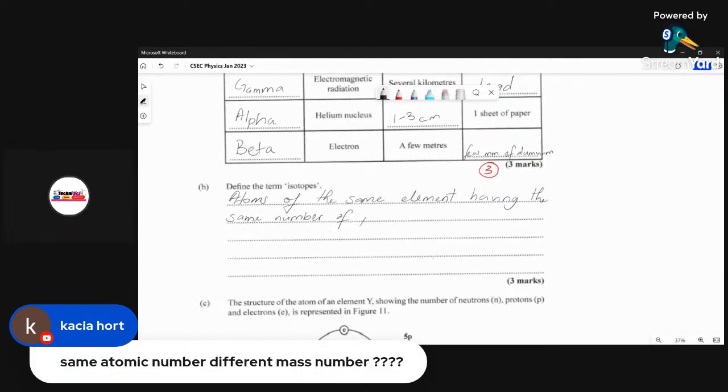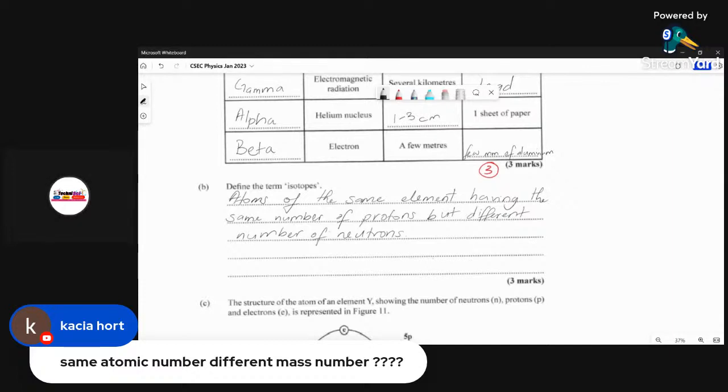Same number of protons, but different number of neutrons. There you did.